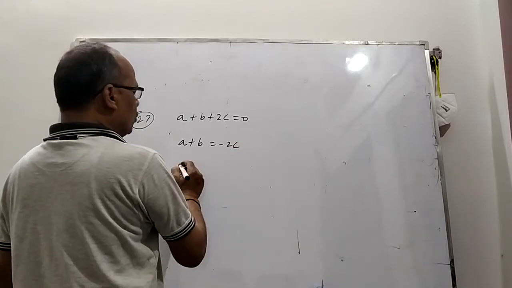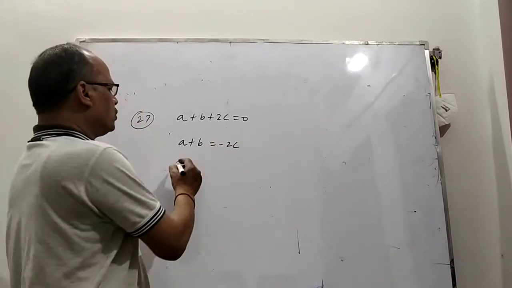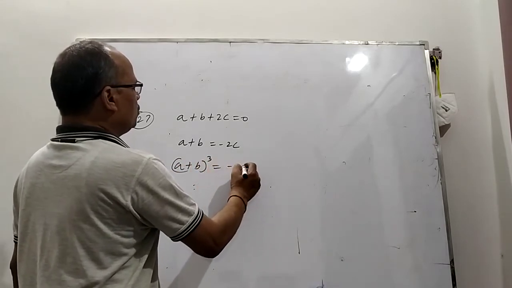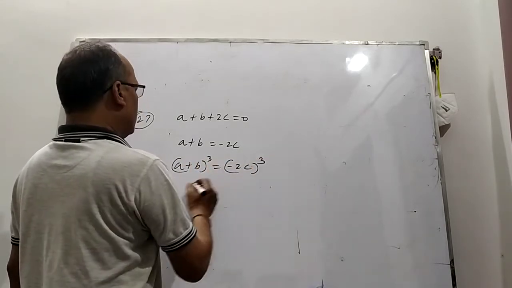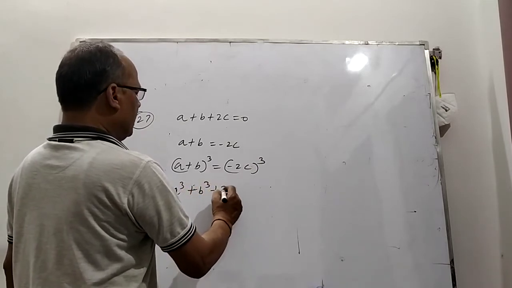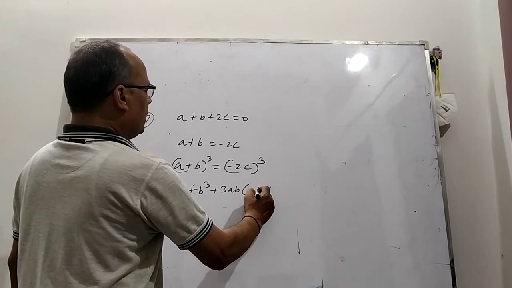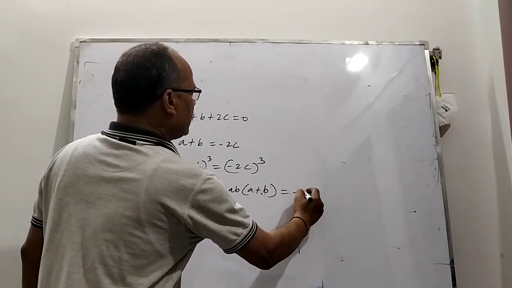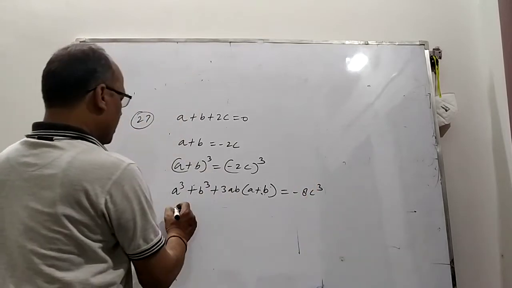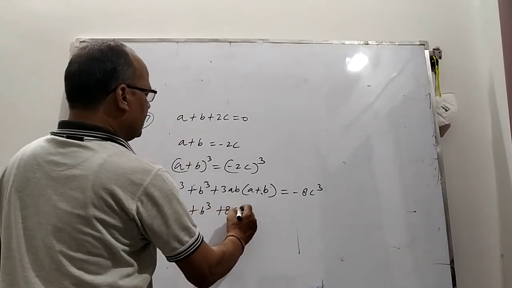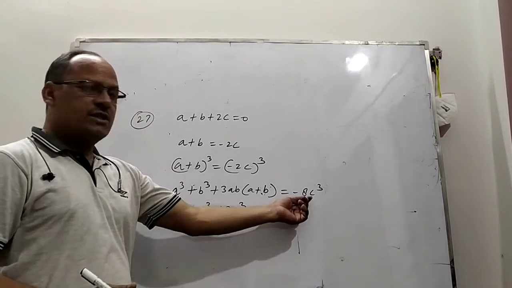Then taking cube on both sides, (A plus B) whole cube equal to (minus 2C) whole cube. A cube plus B cube plus 3AB(A plus B) equals minus 8C cube. So A cube plus B cube plus 8C cube. This is clear? Transfer this to this side.